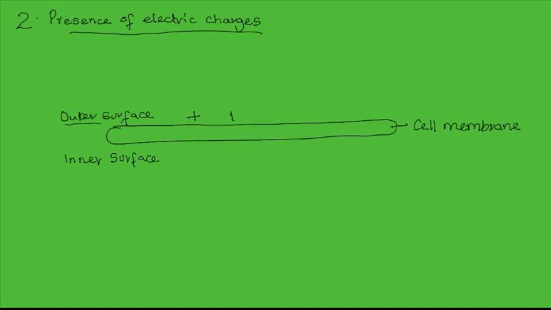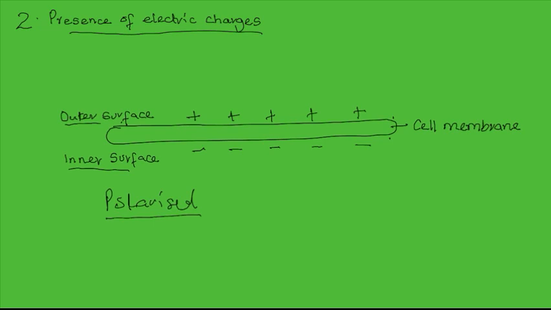So the positive charges are spread over the outer surface, while the inner surface of the cell membrane has a negative charge. So the negative charges will be spread over the inner surface. Now, this type of membrane is said to be polarized. They are opposite poles, whereby the outside has a positive charge relative to the inner surface.